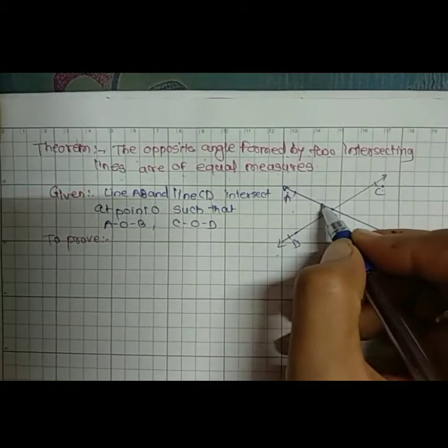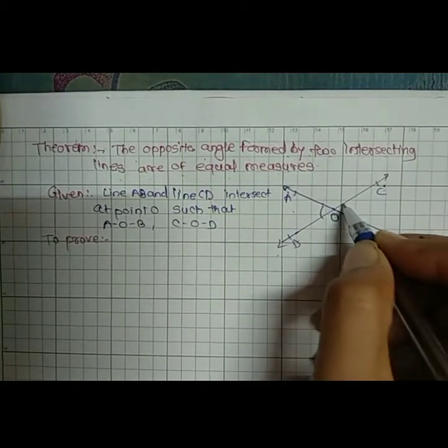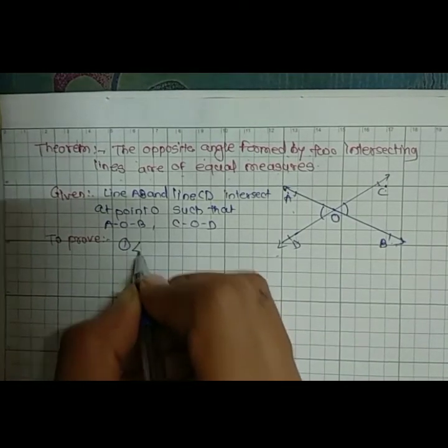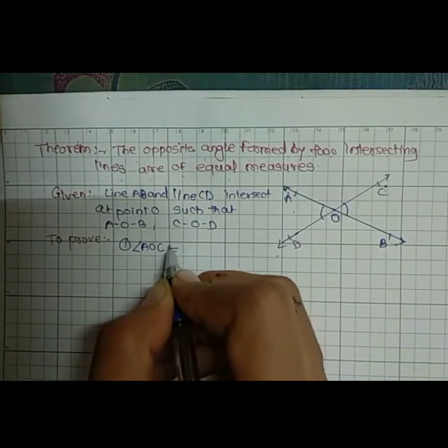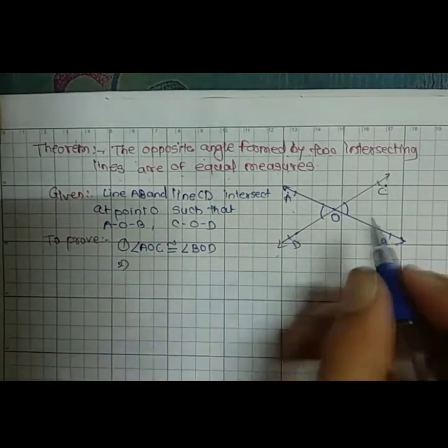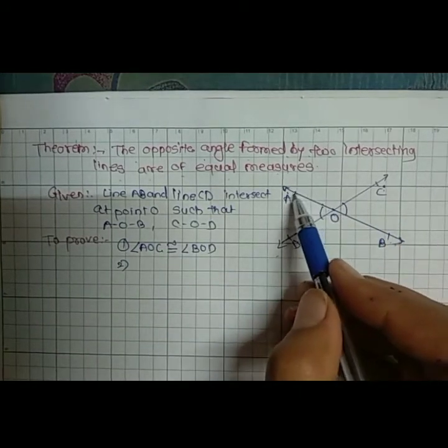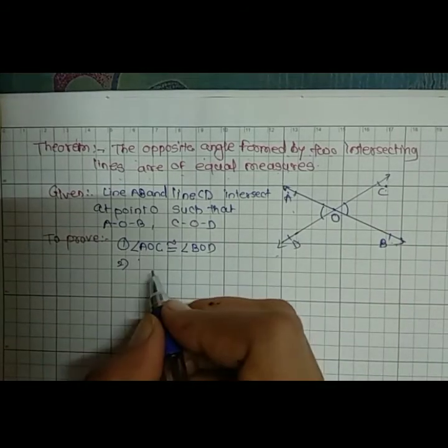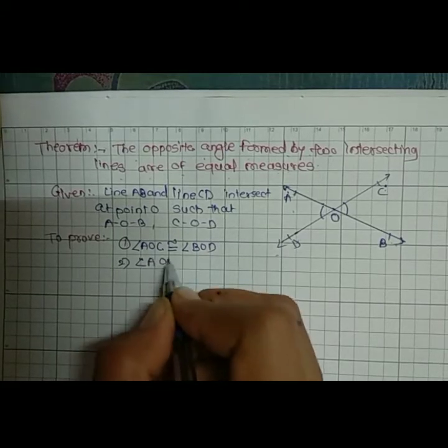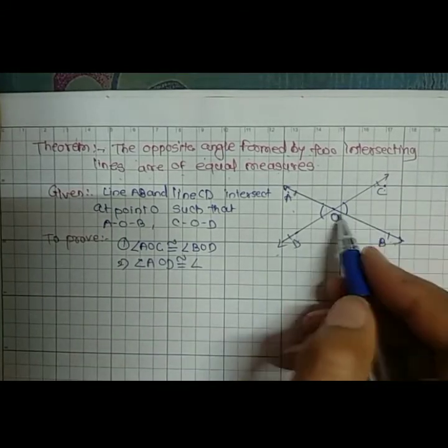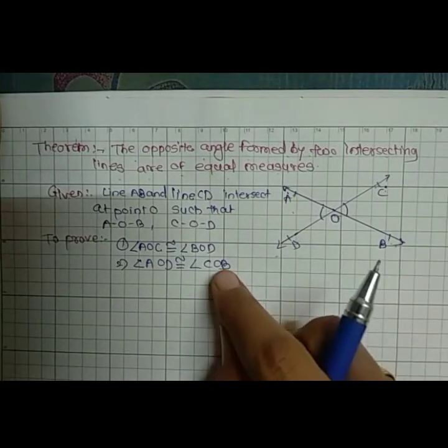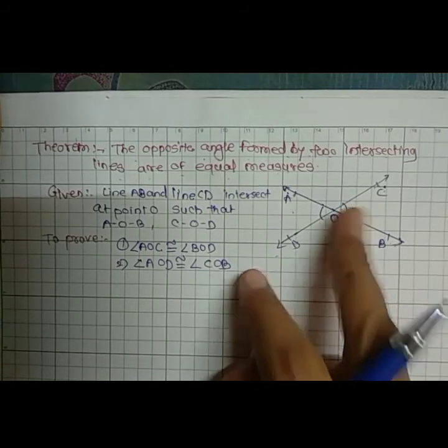So to prove: first, angle AOC is congruent to angle BOD, and second, the opposite angle, angle AOD is congruent to angle COB.